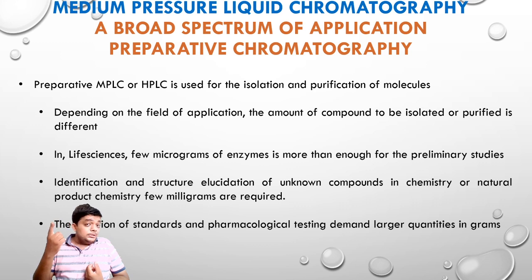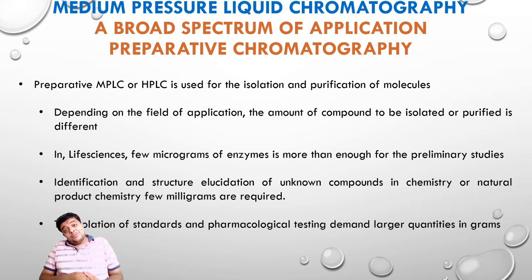Still moving a step further, isolation of standards and pharmacological testing demand larger quantities in grams. And this is the point where you want to isolate, separate, purify a component from a mixture in a large quantity, from a few grams to 100 grams, 50 grams, 40 grams, 30 grams. Friends, preparative chromatography is a must.